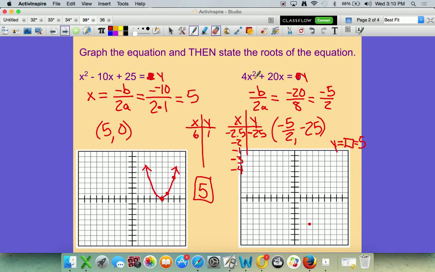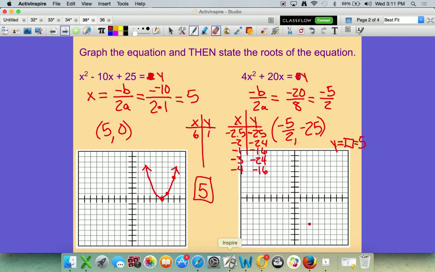Negative 2, that would be, let's see, 4 times 4 is 16. 16 plus negative 40 would be negative 24. Negative 1 would be 4, negative 16. Alright, here we would have negative 24 and negative 16 also.